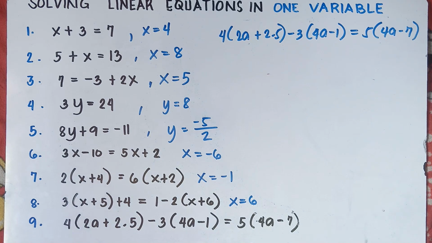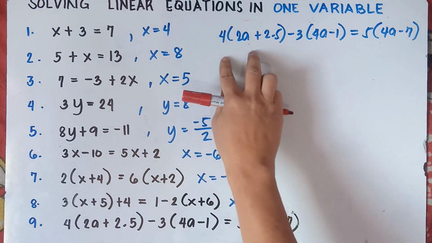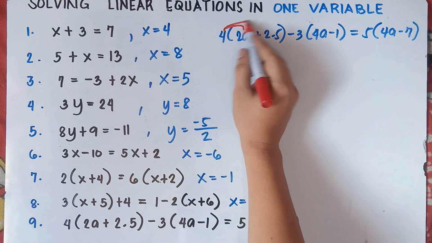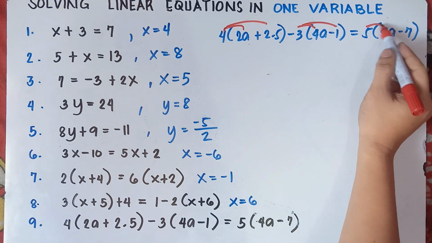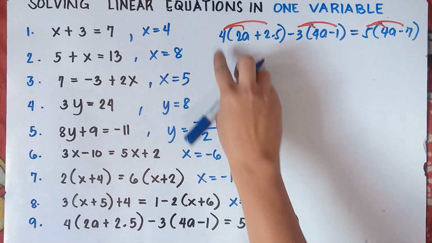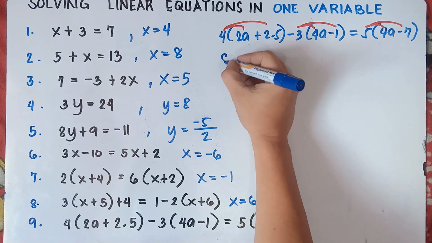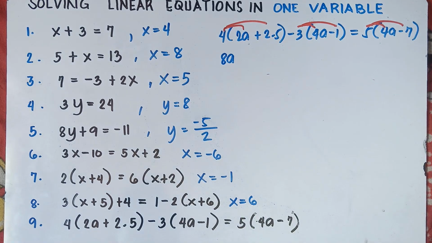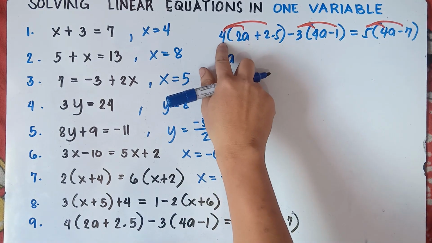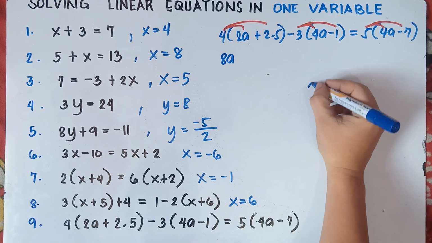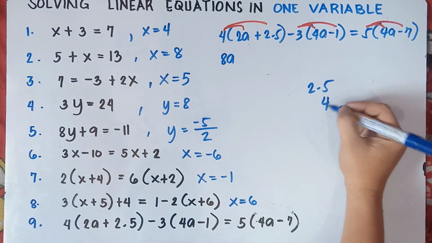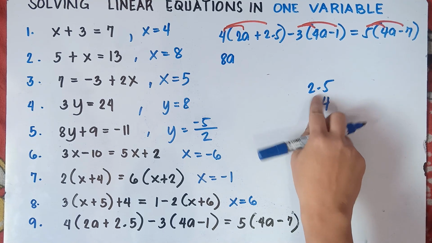First thing is we need to simplify these parentheses. So distribute this one, class, this one, and this one. We have 4a times 2a, that's 8a. Right? 4 times positive 2.5. You can actually neglect the decimal, class.